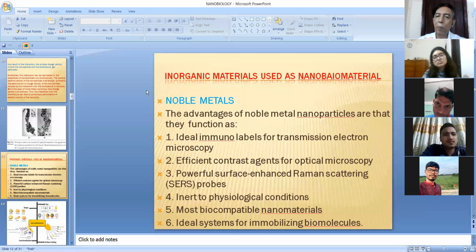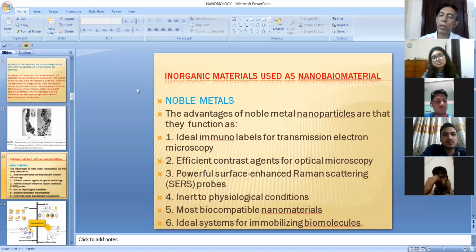And the second property is that they are detectable by means of the electron microscopes. Some substances are not detectable by electron microscope.